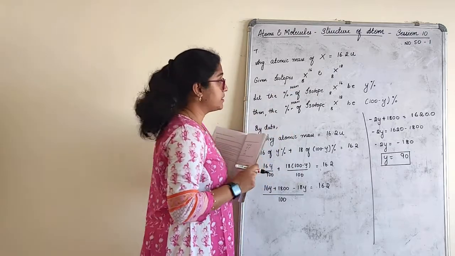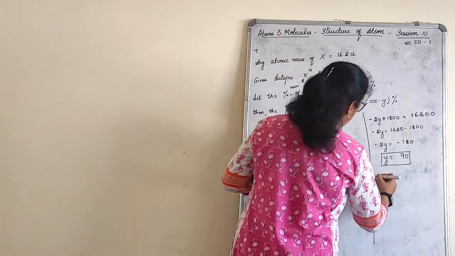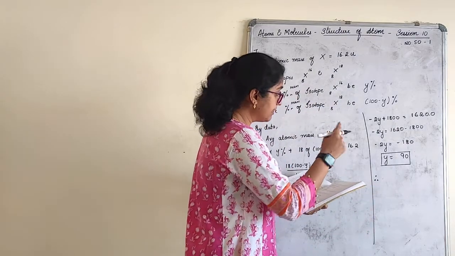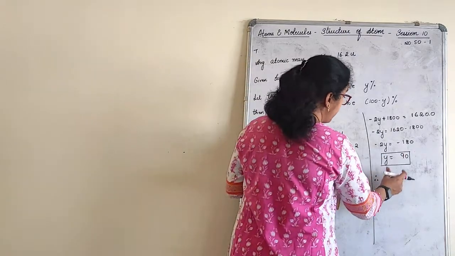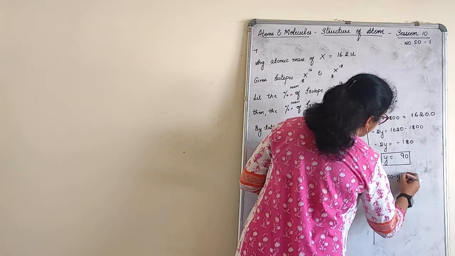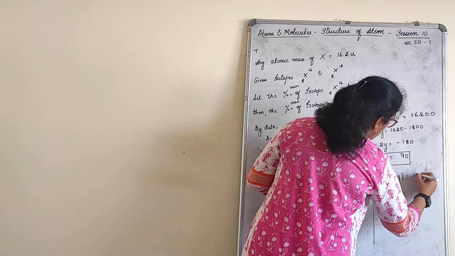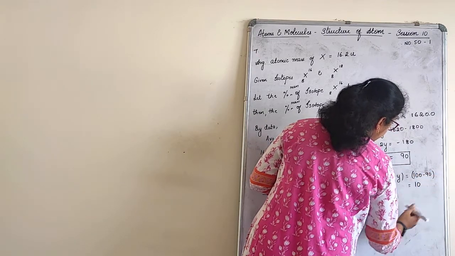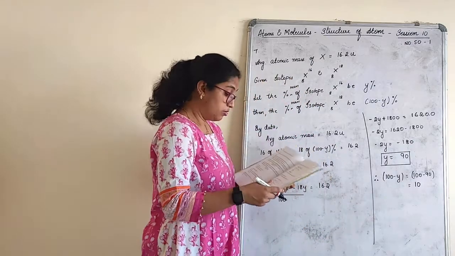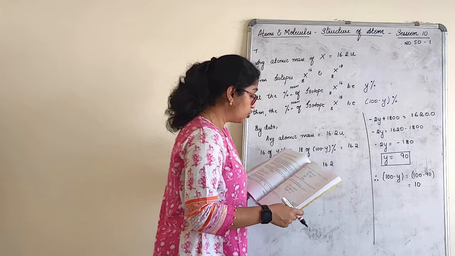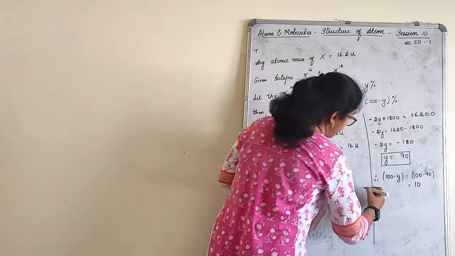y is 90%, right? Therefore, we got one as 90%. Let us calculate the other. Therefore, 100 minus y is equal to 100 minus 90, that is equal to 10. So if one is 90, another is 10. Let me give the conclusion here.